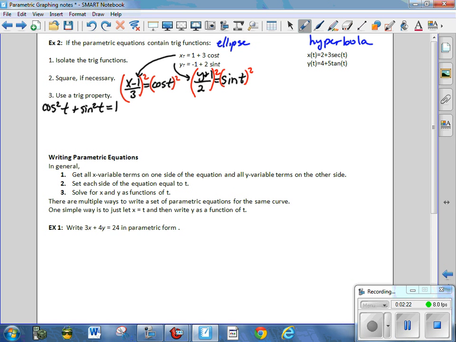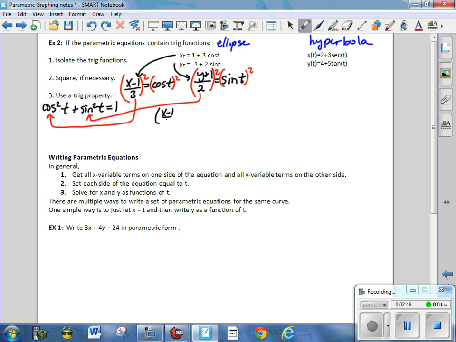Now I can substitute x minus 1 over 3 in for cosine t, and y plus 1 over 2 squared in for sine squared of t. I'm not talking well today, sorry.